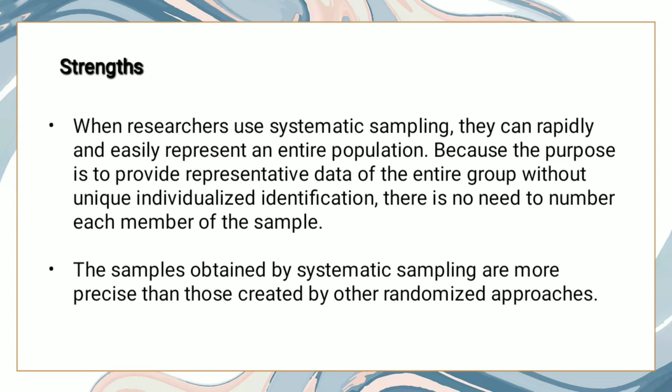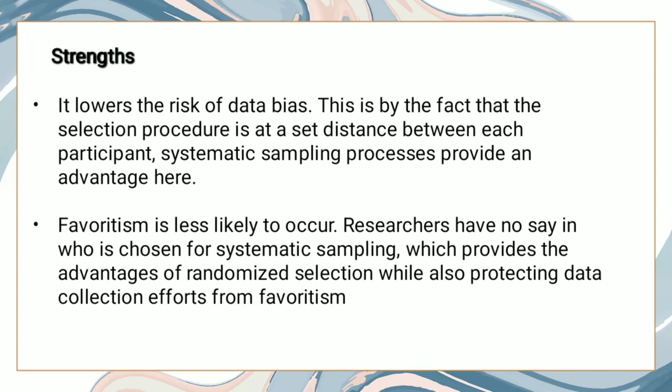Because the purpose is to provide representative data of the entire group without unique individualized identification, there is no need to number each member of the sample. The samples obtained by systematic sampling are more precise than those created by other randomized approaches. Also, it lowers the risk of data bias.